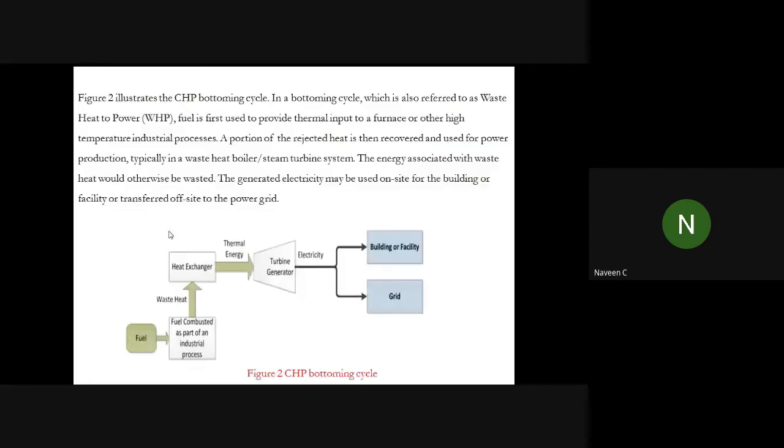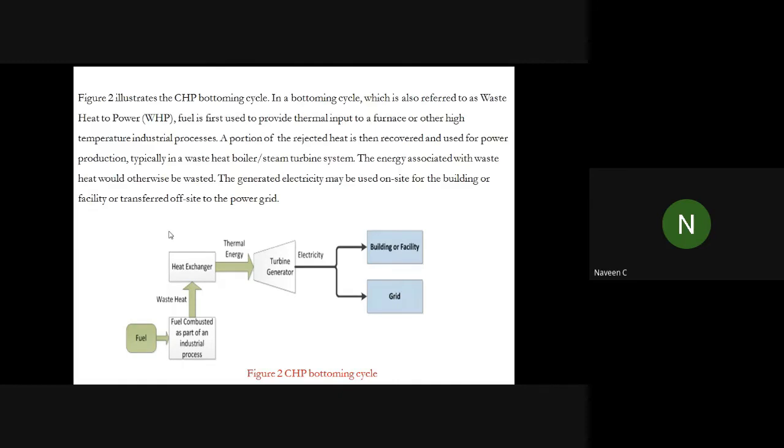Okay, so next is bottoming cycle. As I said, the bottoming cycle is the reverse of the topping cycle. The objective is mainly to generate the heat required for the process industry. Once the heat is used, the excess or rejected heat from the process will be used to generate electricity using a turbine.